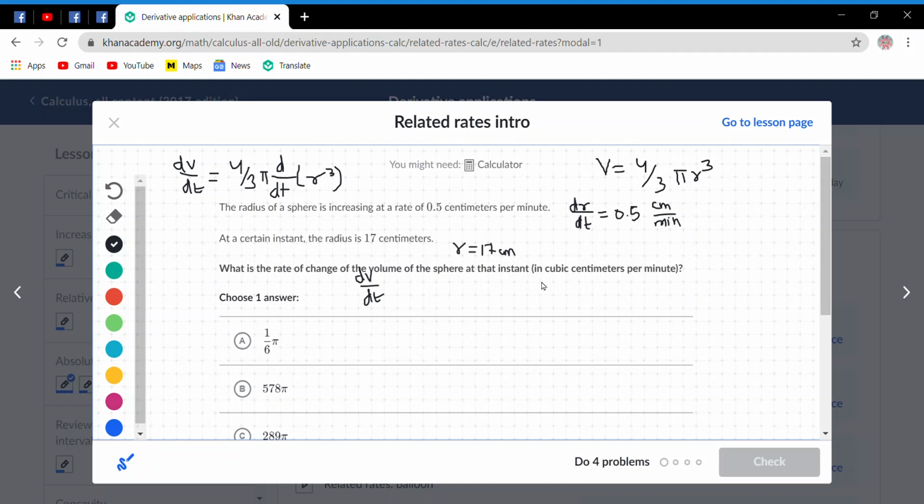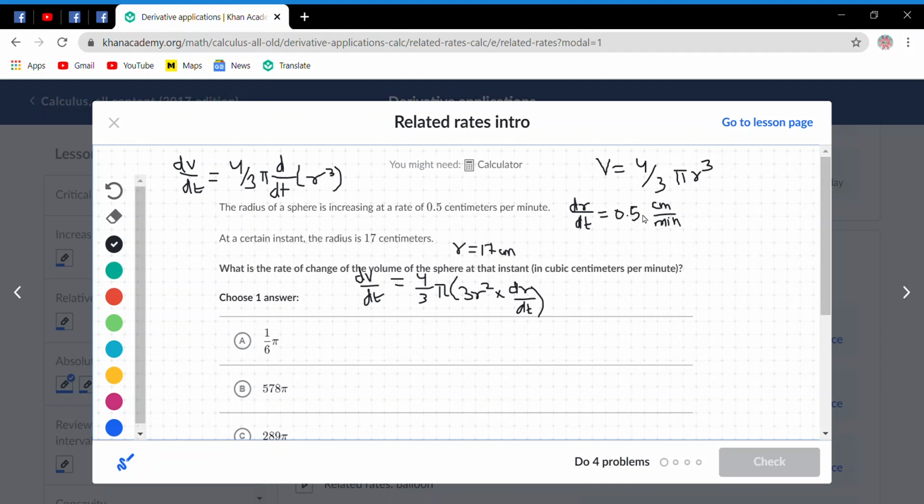So this becomes dV over dt equal to 4 over 3 pi times 3r squared, the derivative of r cubed with respect to r, times dr over dt. So this is it, and we want to find this.